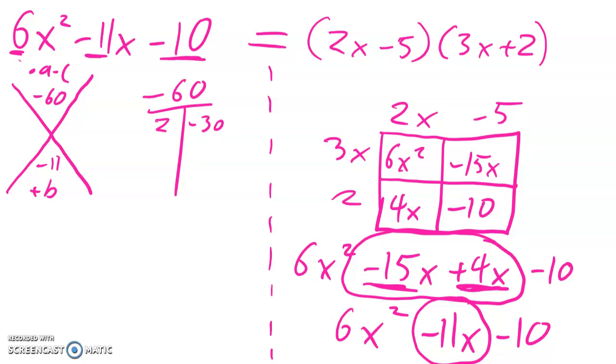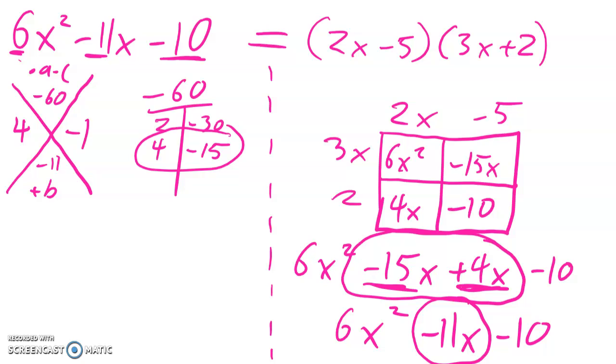Let's see, I could divide by 4. That would be 4 and negative 15. Oh, hold on. Great. Hey, look at that. 4 plus negative 15 multiplies to negative 60, and it adds to negative 11. That's my answer. That's the first step.